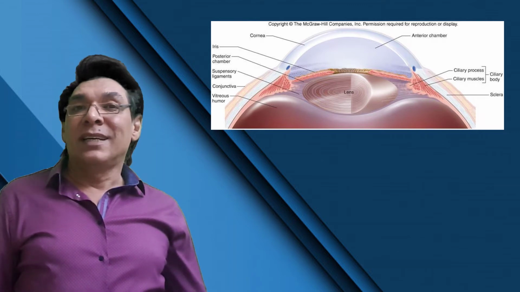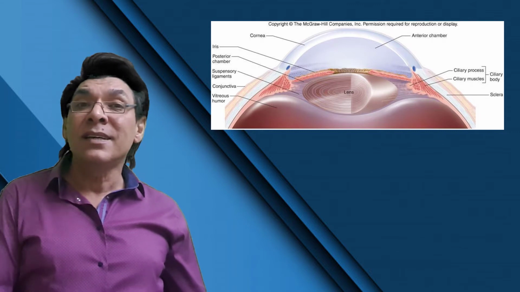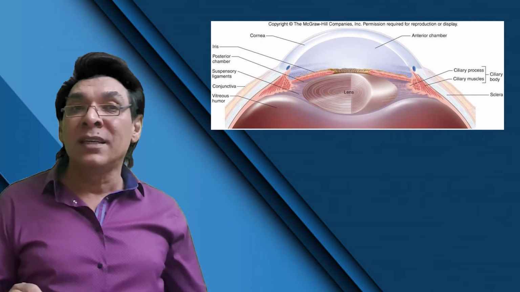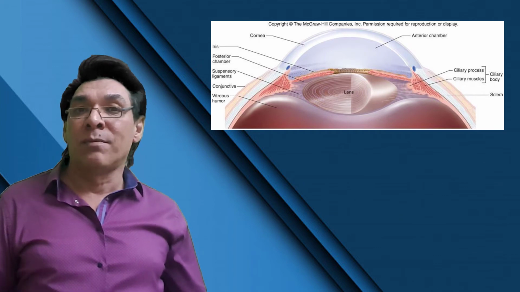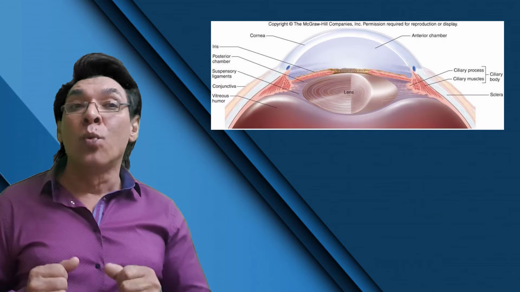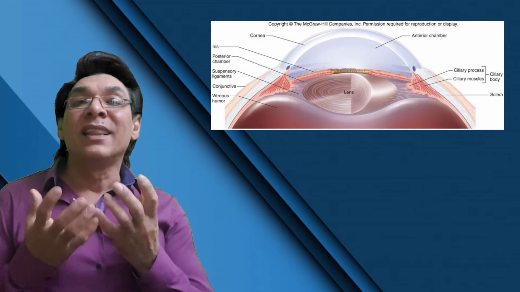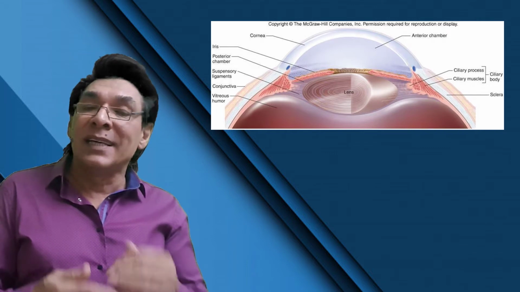The iris is the colored portion of the eyeball, consisting of circular and radial smooth muscle fibers. Suspensory ligaments extend inward from the ciliary processes and hold the lens of the eye in place.